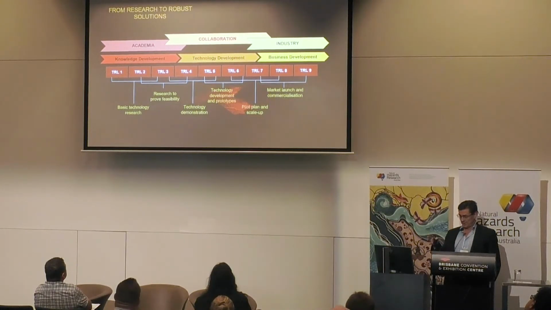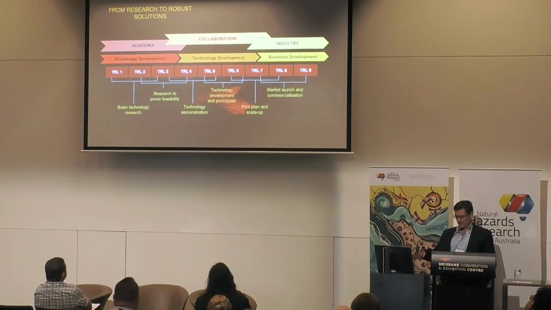Then we move into technology development, so working prototypes, MVP, minimal viable product, and then into commercialisation, where we're starting to trial, pilot, and get ready for commercial launch of that product. So it's a 1 to 9, 3 sections: academia, into tech development, and then into business development.